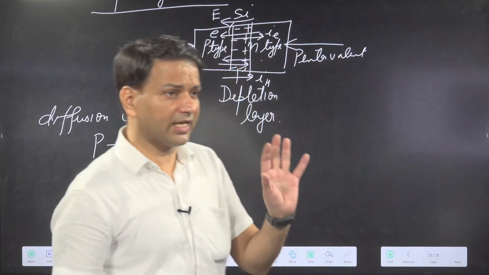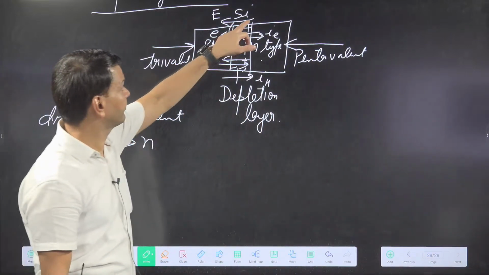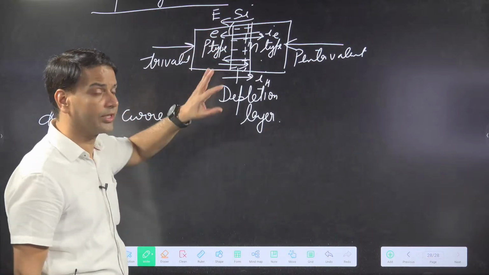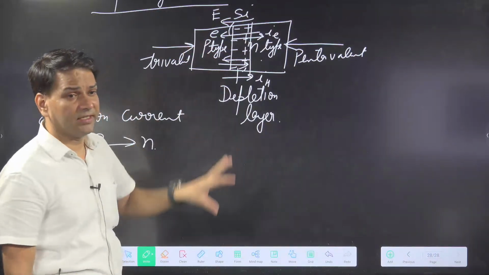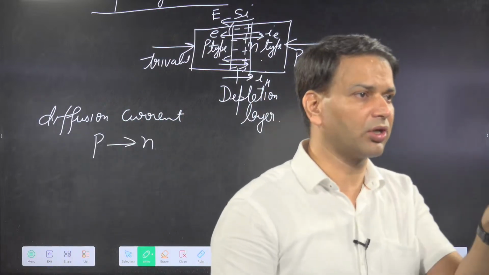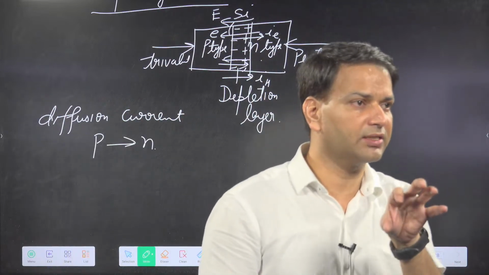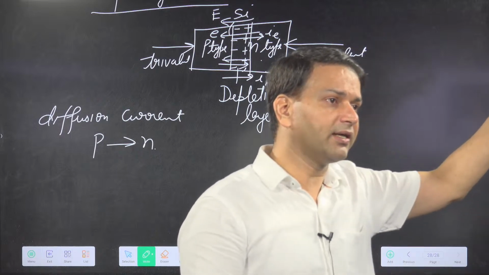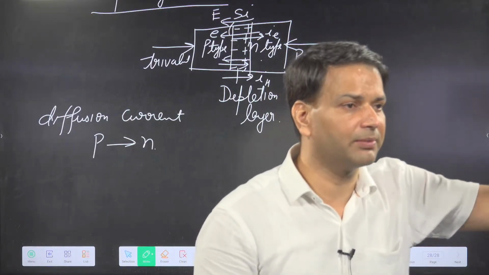Now, when this electric field develops, you can see it here. Now in the P side, the majority is the hole, and in the N side the majority is the electron. But P side holes are the majority, but some electrons will be there.